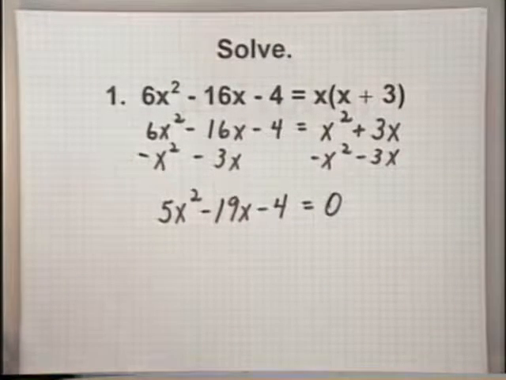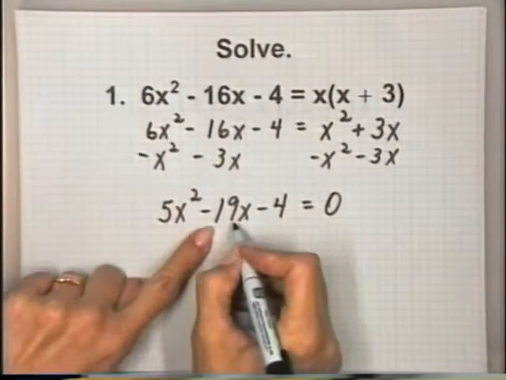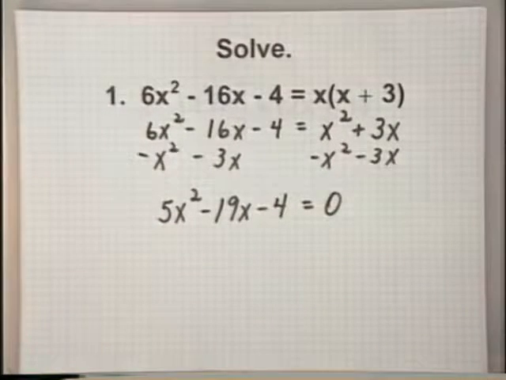So my choice here would be to try to factor, and if I think it doesn't factor, it's too difficult to factor, then I want to use the quadratic formula. I would not consider completing the square because notice my coefficient of my x squared is 5. It's not a 1, and the coefficient of x is not an even number.